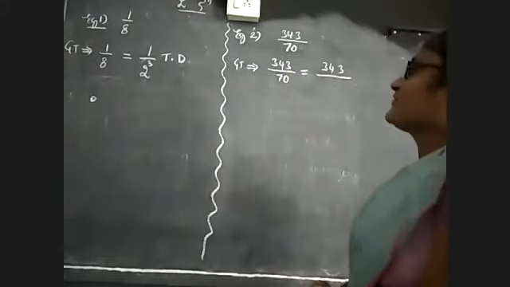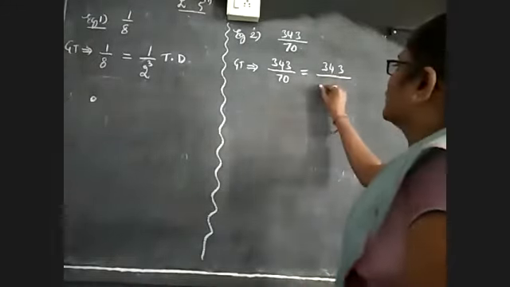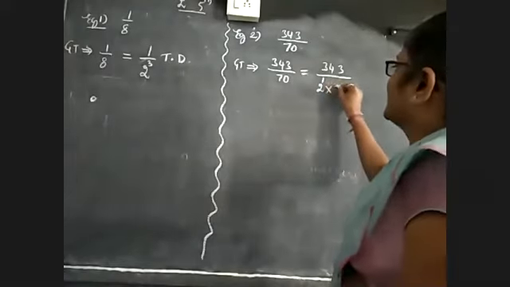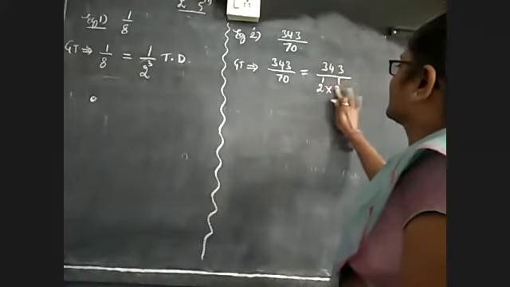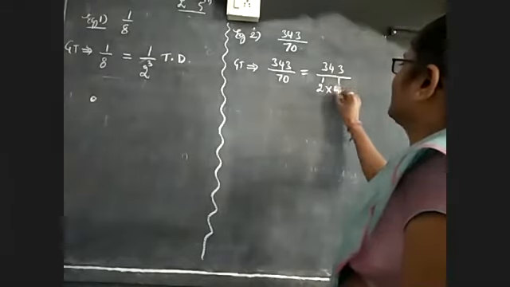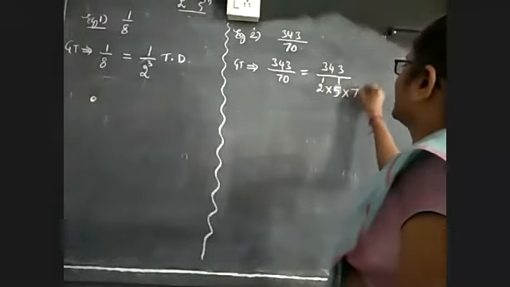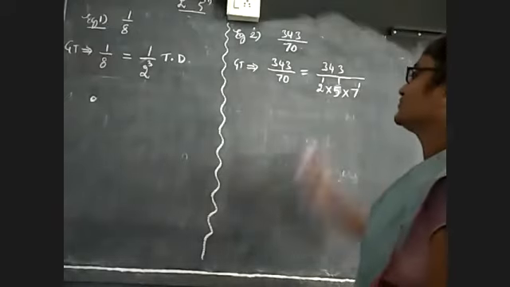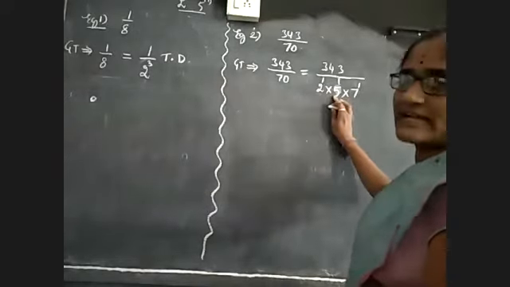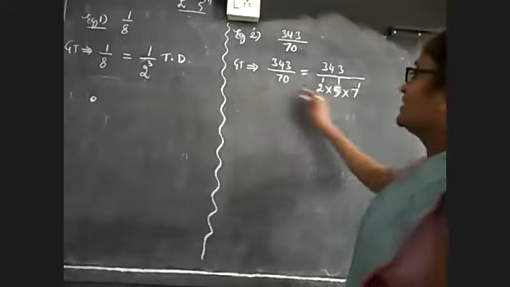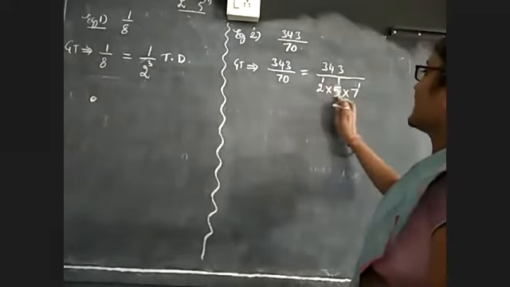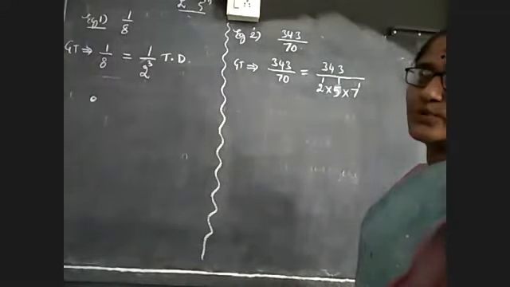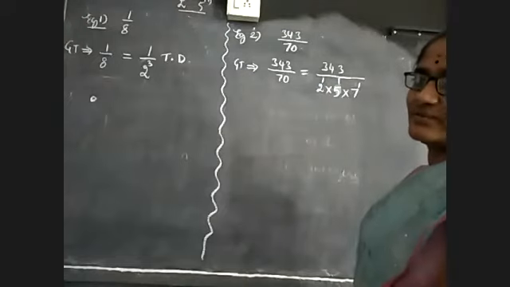What is the prime factorization of 70? 2 power 1, 5 power 1, 7 power 1. 2 into 5 is 10, 10 into 7 is 70. Now we observe that the prime factorization of 70 is 2 power 1, 5 power 1, 7 power 1.